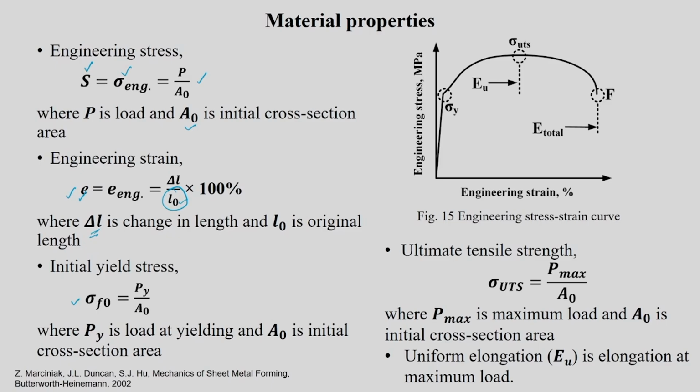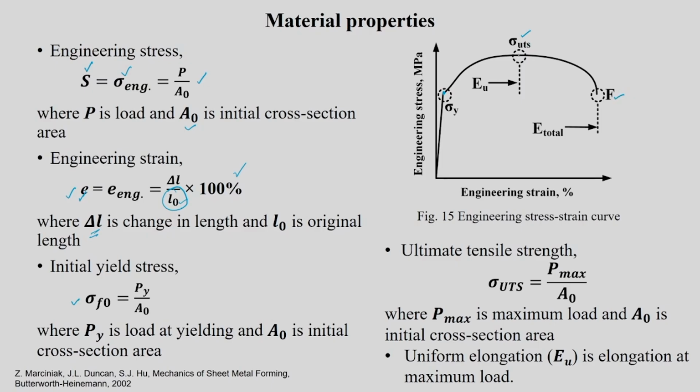Now, by using this formula and the engineering strain formula, you can get the engineering stress versus engineering strain graph in this way, and you will note that this particular point is your material yield strength. This is your UTS, and this is your fracture. How do you get UTS or sigma UTS?